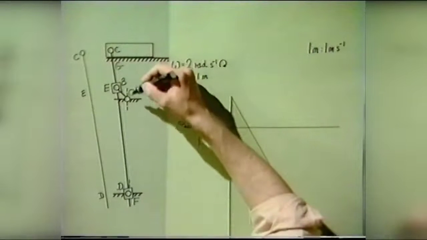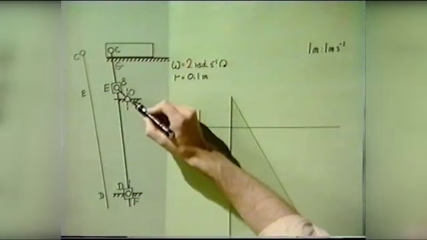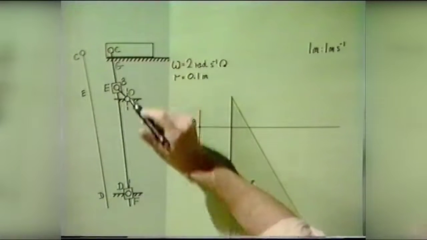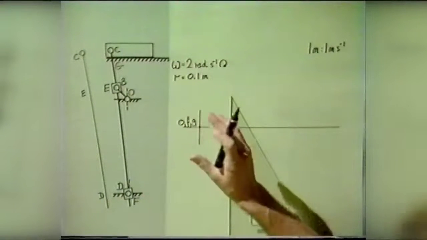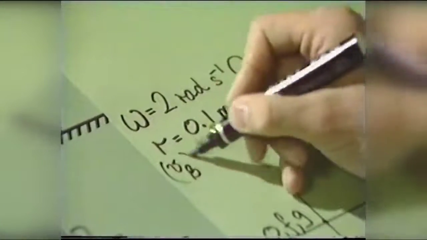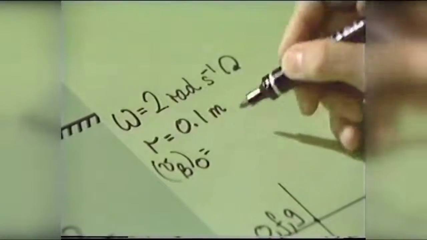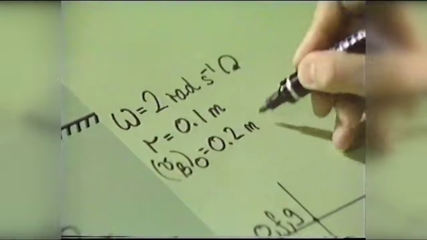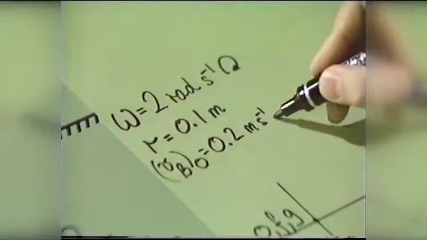Now, the velocity of B relative to O, well, OB is rotating clockwise, so VBO is going to be in that direction, and its magnitude is going to be given just by omega r. So, the velocity of B relative to O equals 2 times 0.1, that's 0.2 meters per second, and it's in that direction, perpendicular to OB.